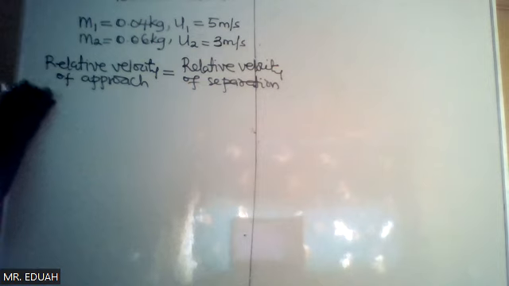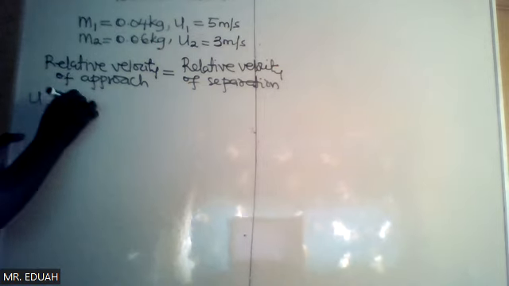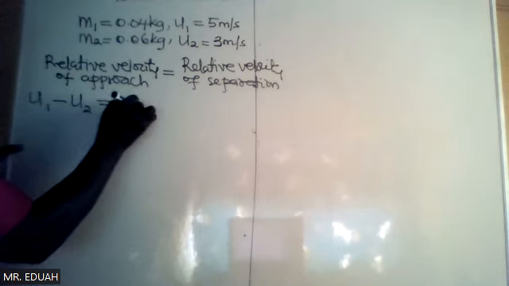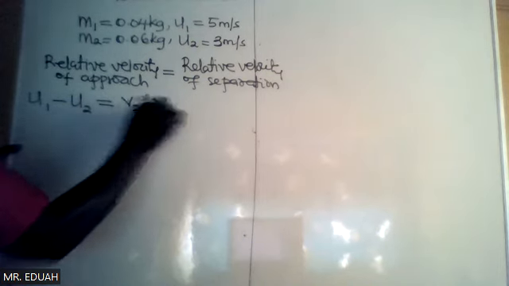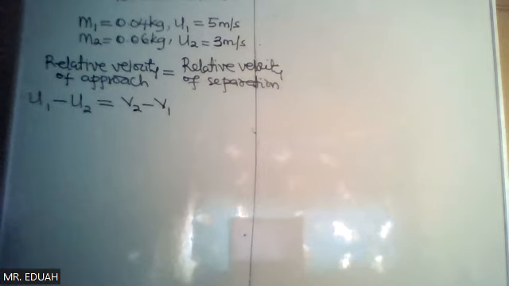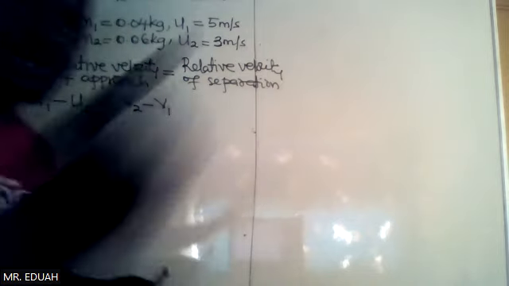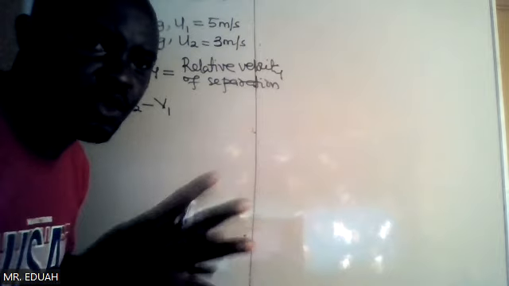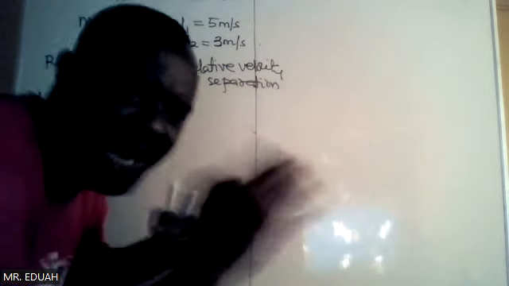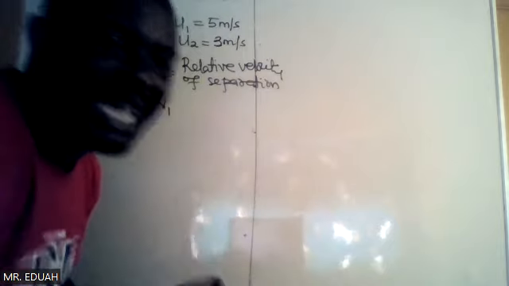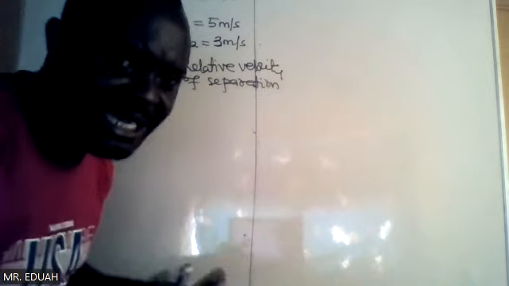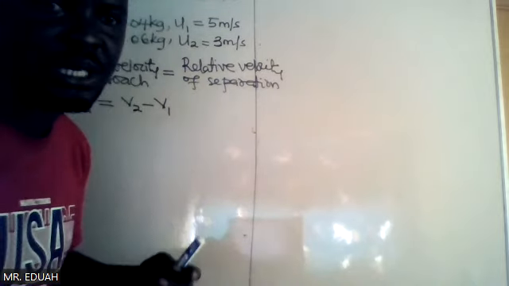This is U1 minus U2. This is equal to V2 minus V1. And please, look at the question we just solved. We only looked at when the two bodies are moving in the same direction. We never even looked at when they are moving oppositely. So you can imagine how lengthy it is if you are using that approach.